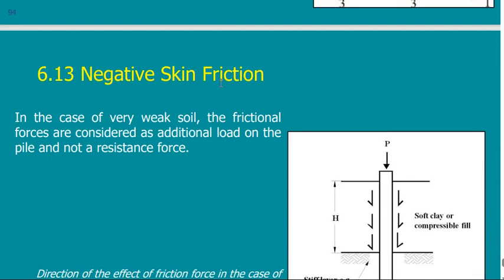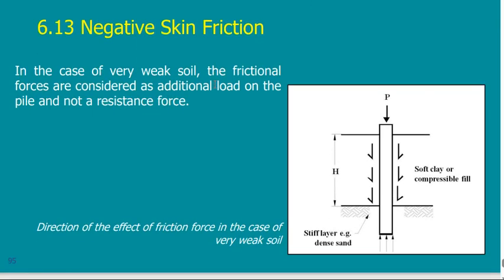What is negative skin friction? You have to know it, because you may be asked to define negative skin friction. Negative skin friction occurs in the case of soft soil, with the pile penetrating a soft soil. So I am designing the pile to be carried by the soil. But what really happens in normal life is that the soil, because it is very soft, will consolidate with time and settle, and once it settles, instead of carrying the pile, it will be carried by the pile.